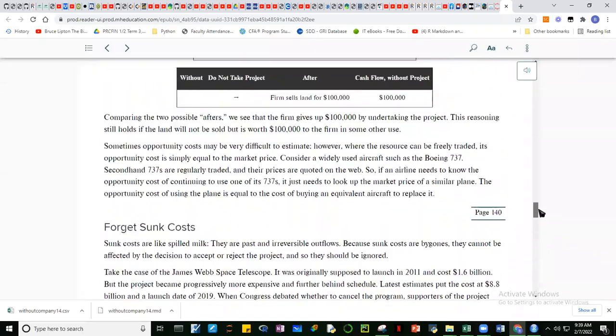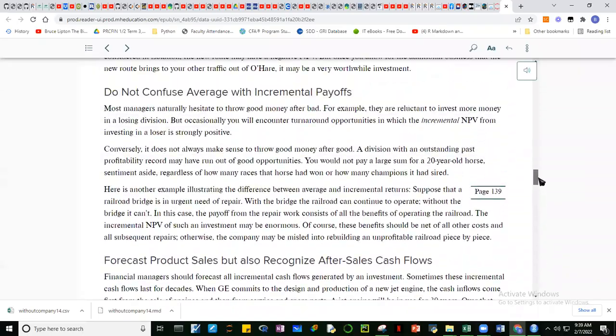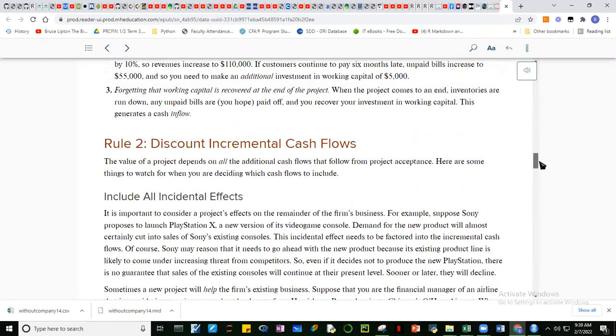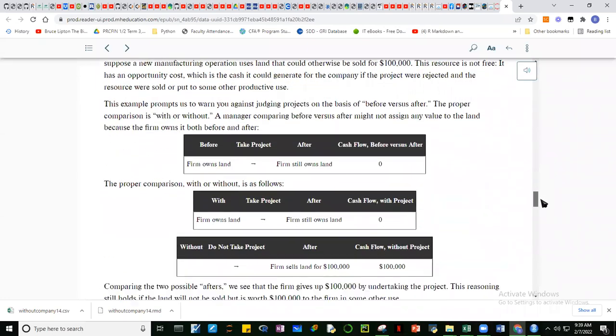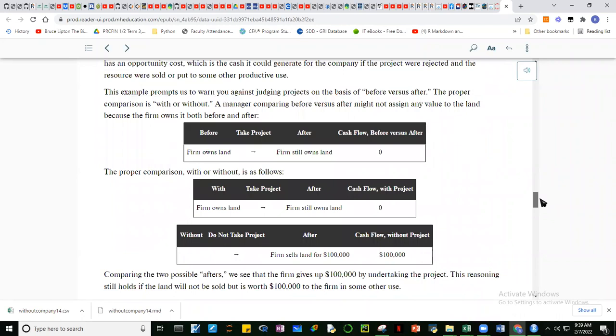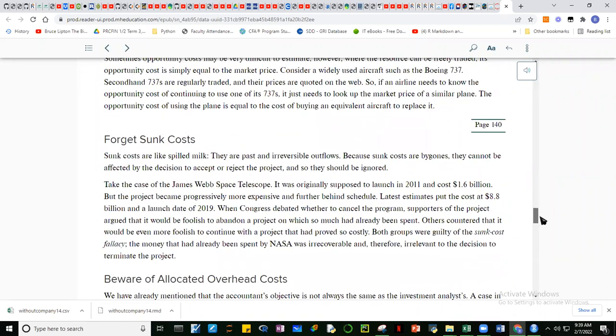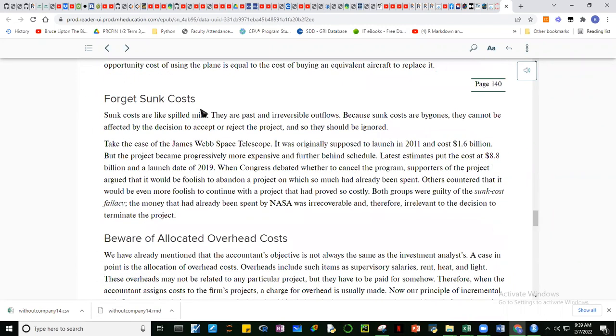So rule number 2 is discount incremental cash flows. What do you mean by incremental cash flows? When you say incremental cash flows, what you want to compute is not to consider sunk cost.